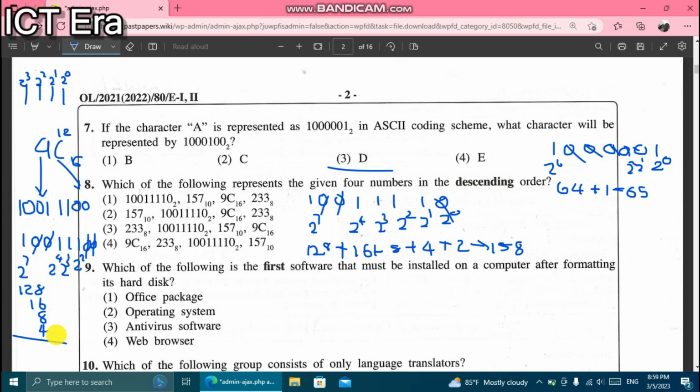After adding these 4 numbers, we can get the answer 156. Then this one represents 156, and the last one is the octal number form.